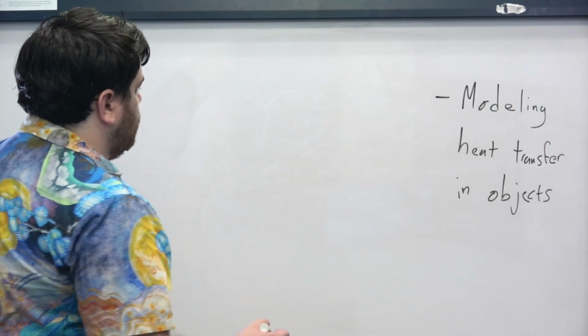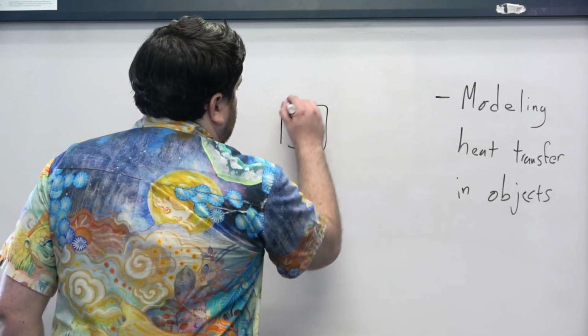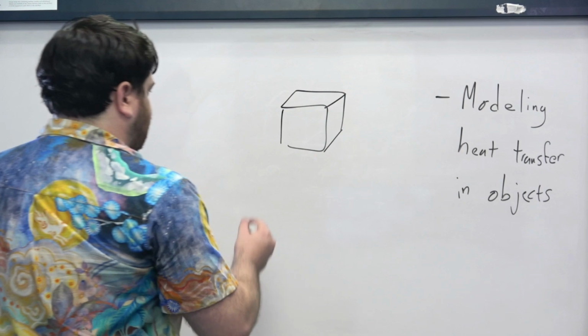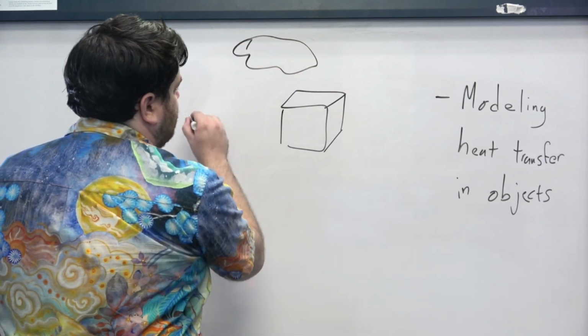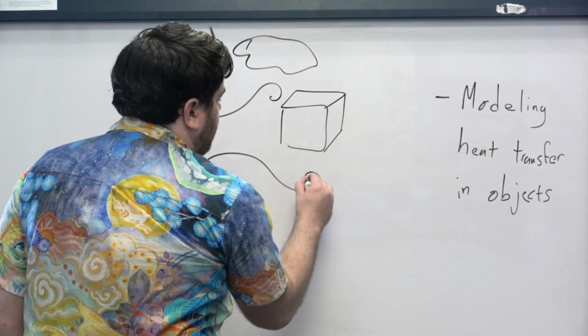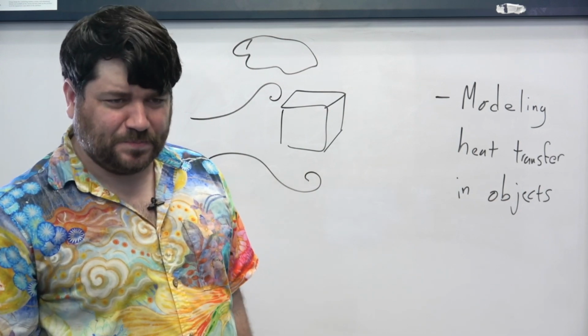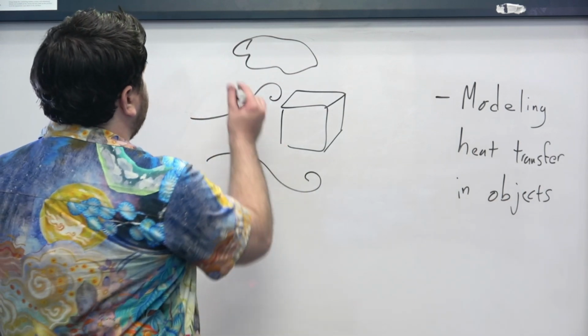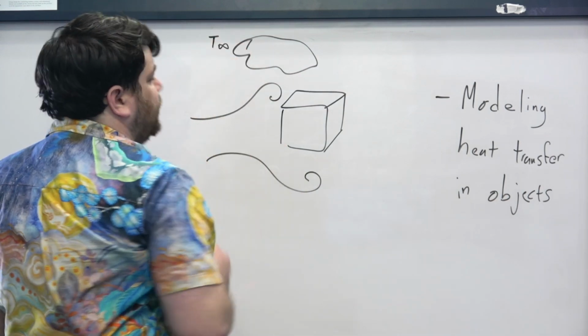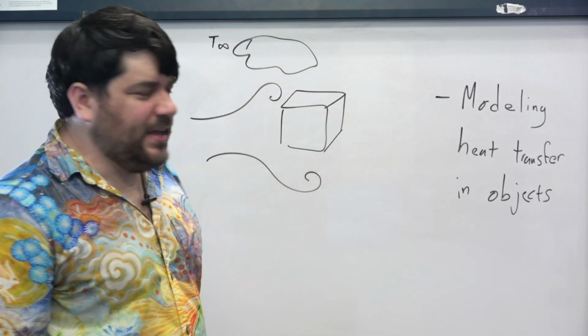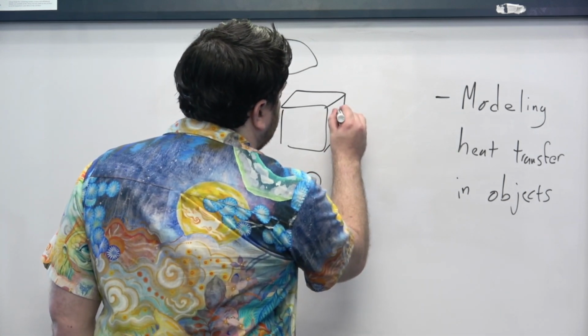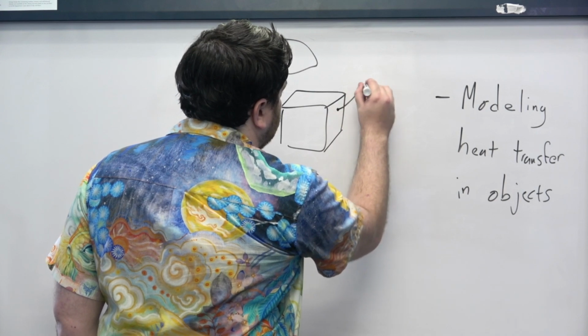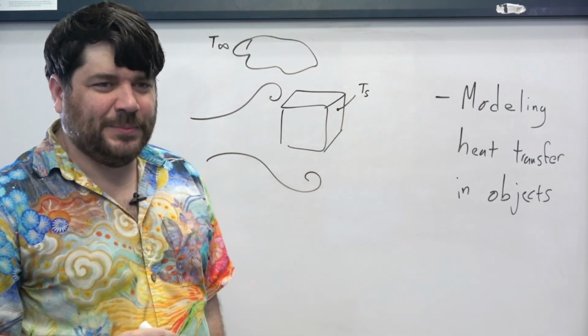So if I take some cube and immerse it in an environment, let's suppose that this environment has some temperature T infinity, and that some random point on the surface of the cube has temperature Ts, all right?